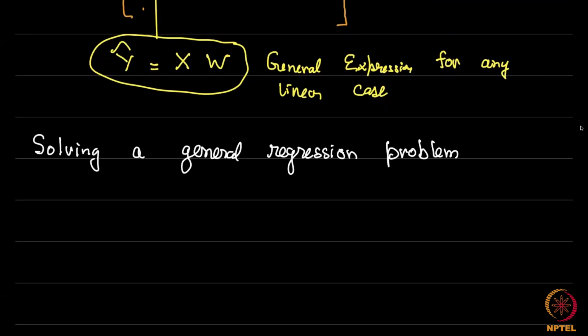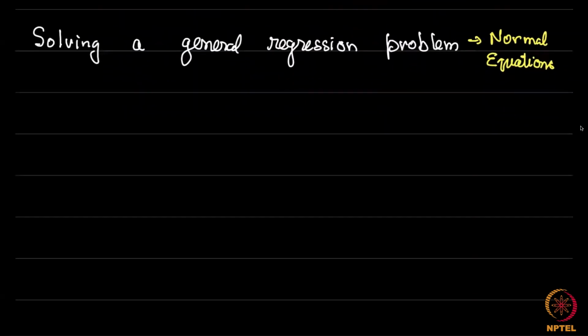And you can imagine rederiving it for a cubic case or for a case where you have 2 dimensions and quadratic or 3 dimensions and cubic, etc. That becomes more and more messy. Can we write one single expression that works for every case? And we are going to do that. This is what is called the normal equations approach.